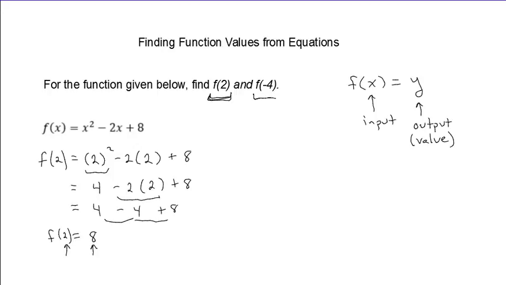I'm going to do the same thing for negative 4, the same process, but I just want to make sure that I cover what to do with a negative. So I've got x squared minus 2 times x plus 8. Now I'm going to put a negative 4 into these sets of parentheses. Negative 4 squared is 16.